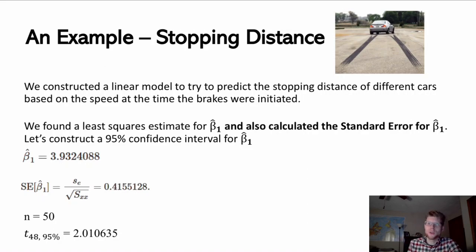We found the least squares estimate for beta hat 1 and also calculated the standard error for beta hat 1. Let's construct a 95% confidence interval for beta hat 1. So again, we know that our interval should be beta hat 1 plus or minus our t-value times the standard error for beta hat 1.